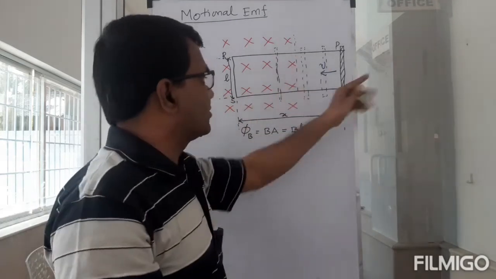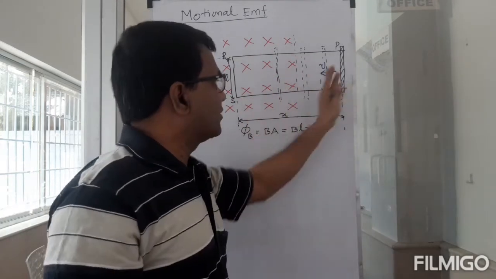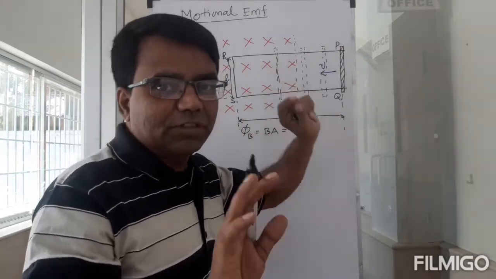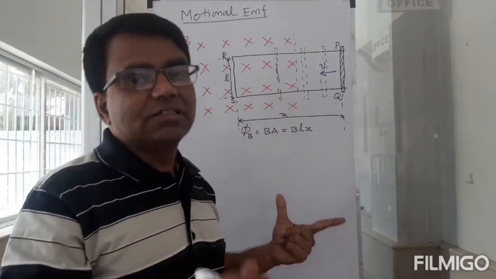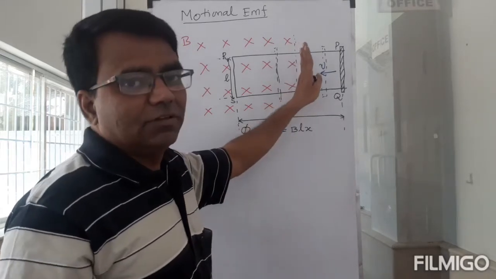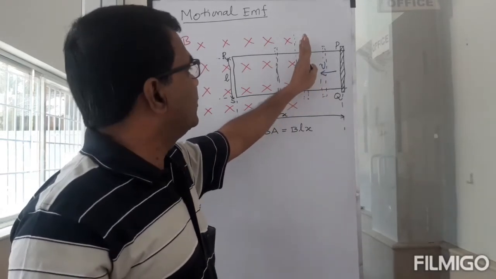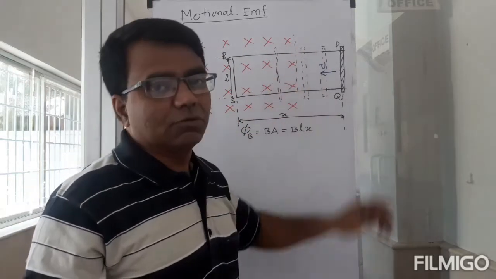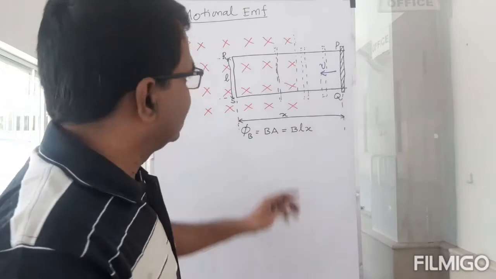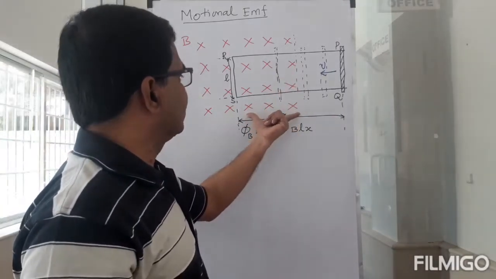Beyond that, that will remain constant. Whatever you had up till here will remain constant even if x increases. But we are bothered only up till here because we are interested in finding the EMF when it is induced. The EMF will be induced only in this region, not when it goes out. So this is our range.